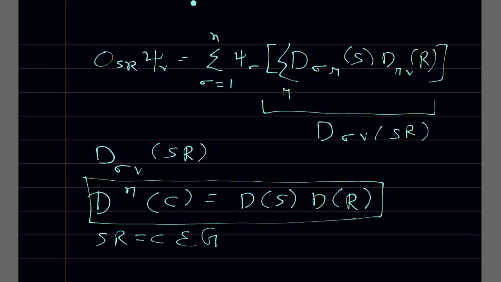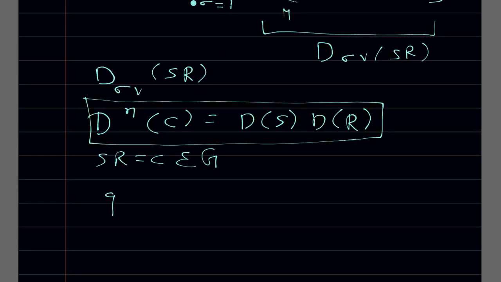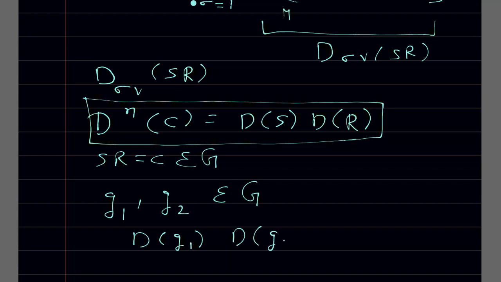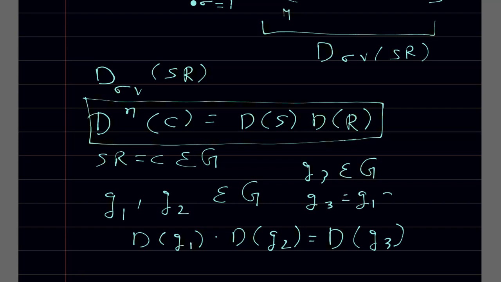That means if you know two elements G1 and G2 belong to G, and you know the matrix representation of G1 and you know the matrix representation of G2, if you multiply them, then you will get the matrix representation of G3. Now what is G3? G3 is another element of G which can be found when you multiply G1 and G2.